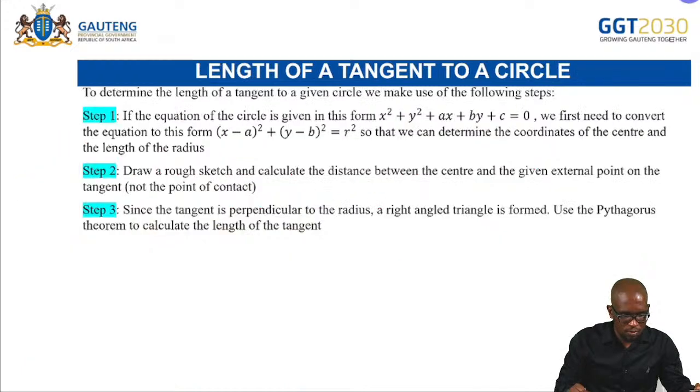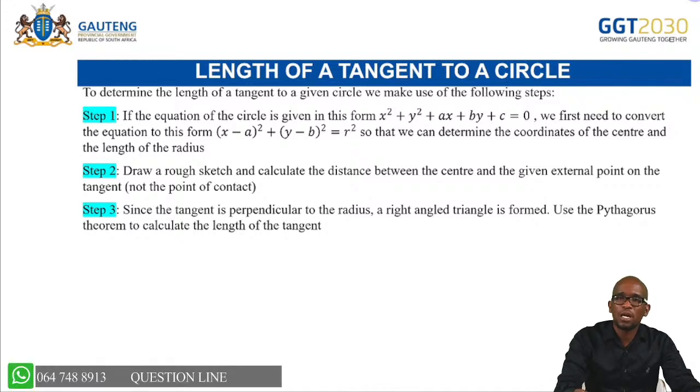Right, moving on. The length of a tangent to a circle. Now, this is an interesting concept as well. We are interested in working out the length of a tangent. In order for us to be able to work out the length of a tangent, we need the following steps.